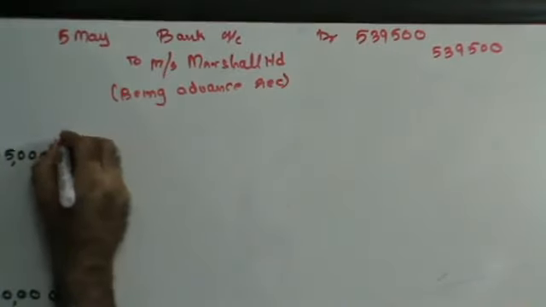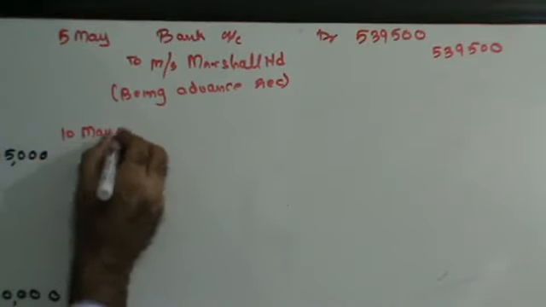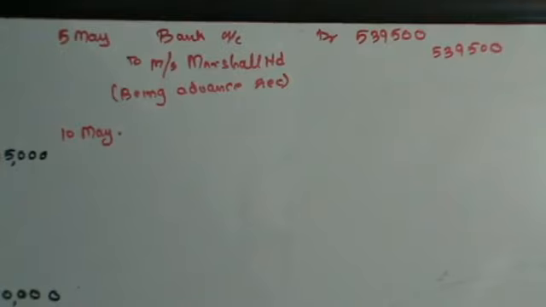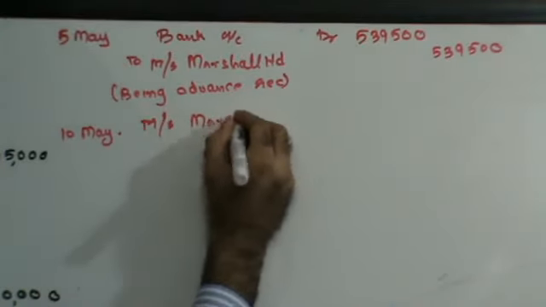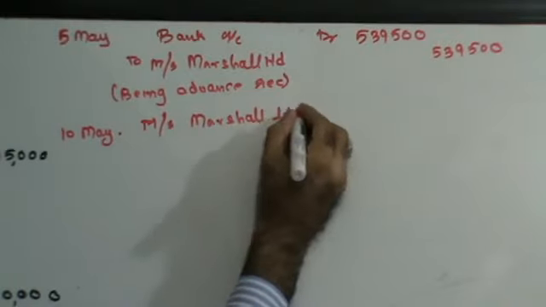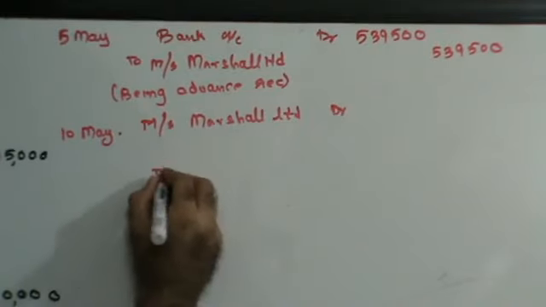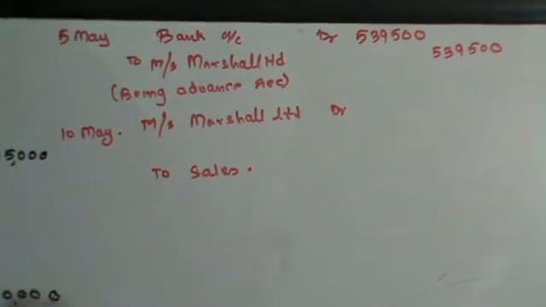Now on 10th May you have made actual delivery of goods. Right? So debit the receiver, so that is going to be Messrs. Marshall Limited, debit to sales. Right? Now, you have sold goods of $13,000 and on 10th May the dollar rate was 41. Someone please tell me how much is that? 5,33,000.